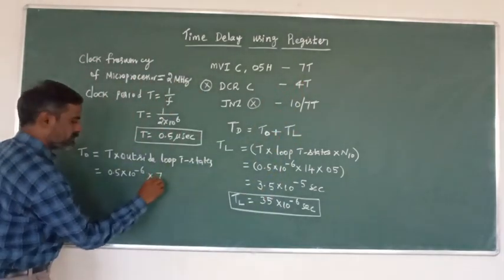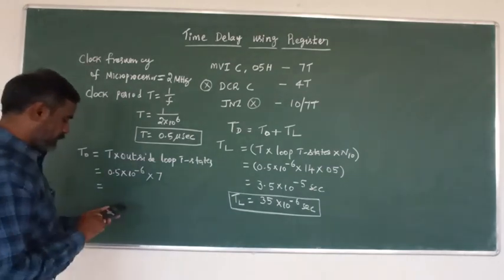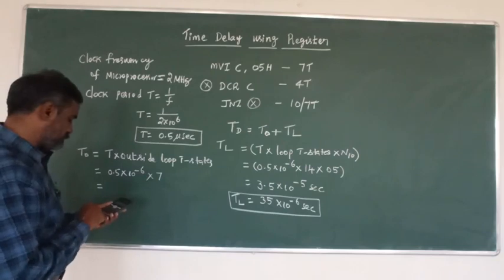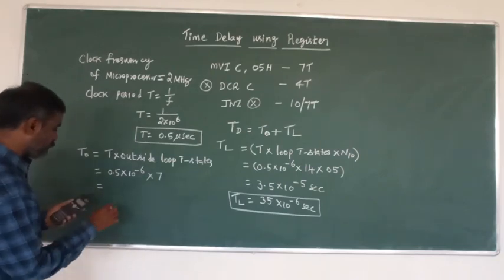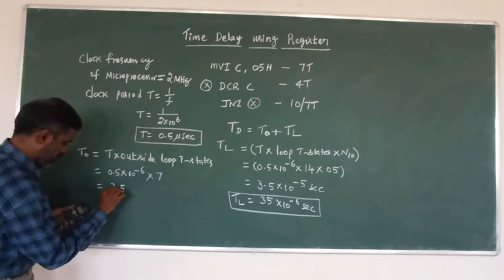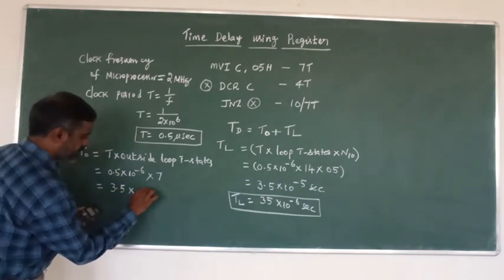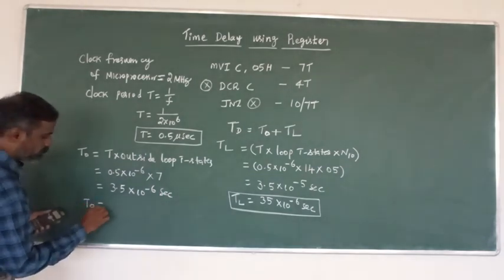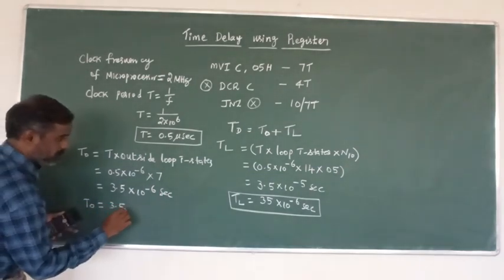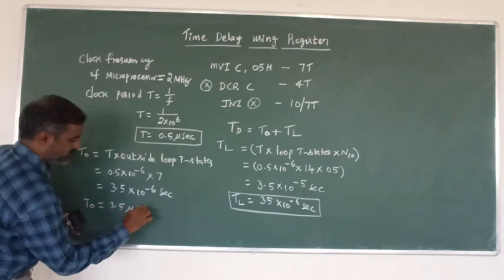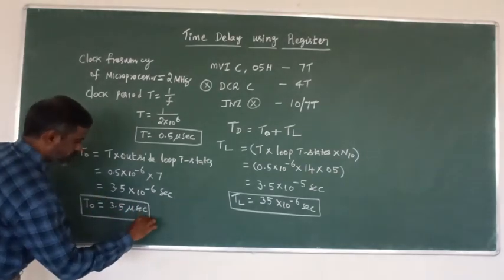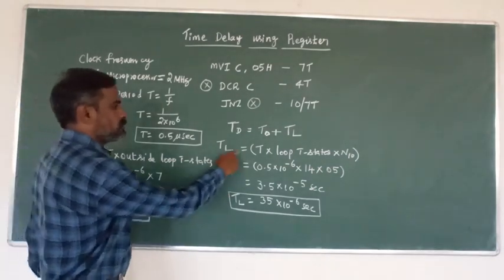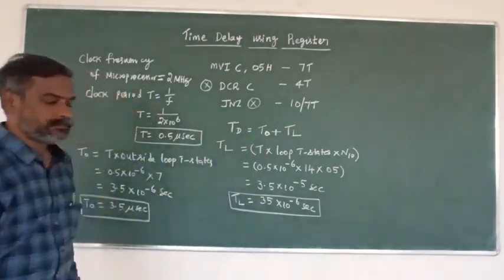Now multiply these two: 0.5 into 7 is 3.5 microseconds. TO equals 3.5 microseconds. Next, these two values are substituted in TD.